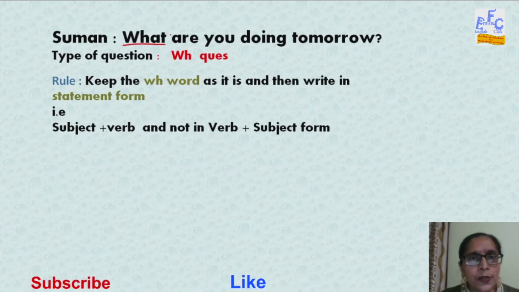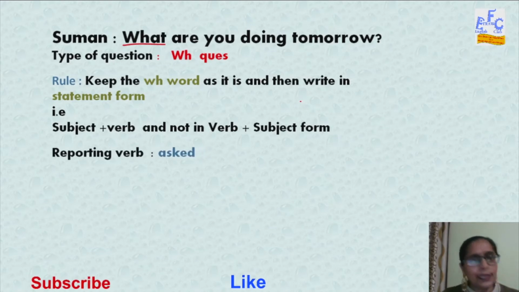So here "are you doing" will be converted into "you are doing tomorrow". Then we will look for other changes in the verb forms, tenses, and time and place words.